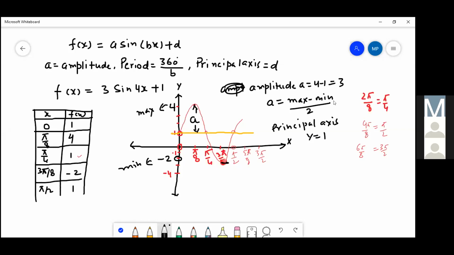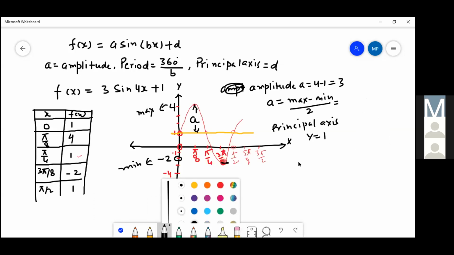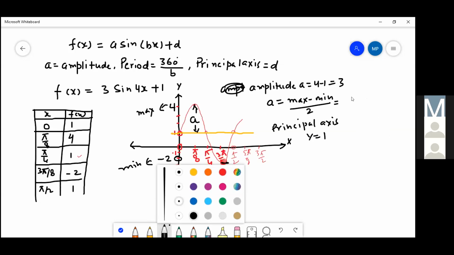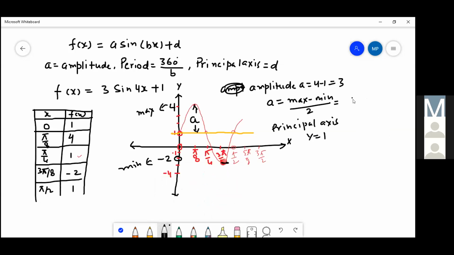So maximum is 4 and minus 2 is minimum, over 2. 4 plus 2 over 2, that is 6 over 2, which is 3.